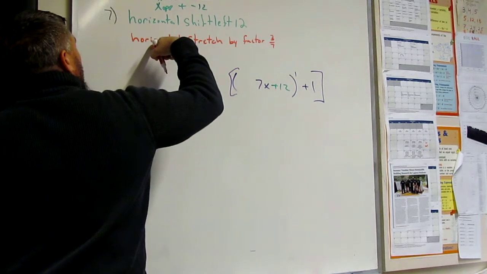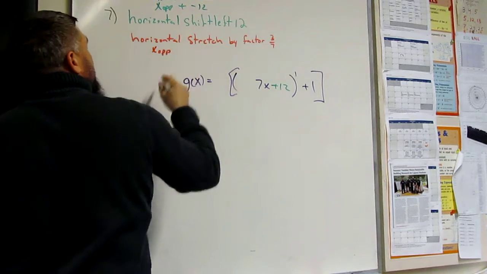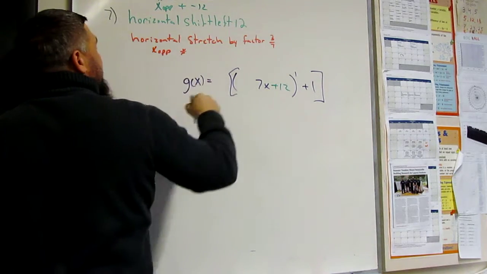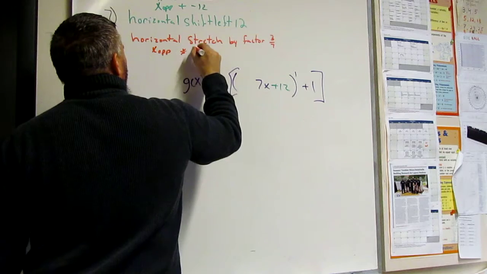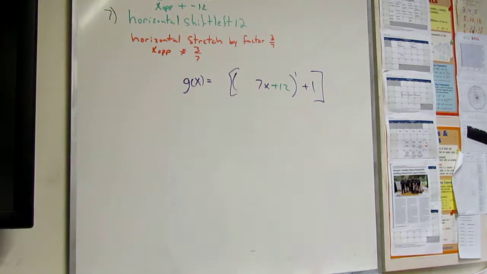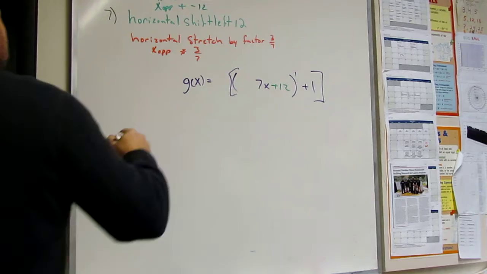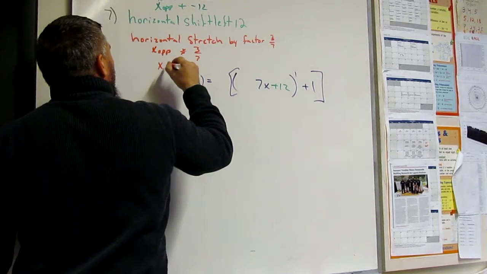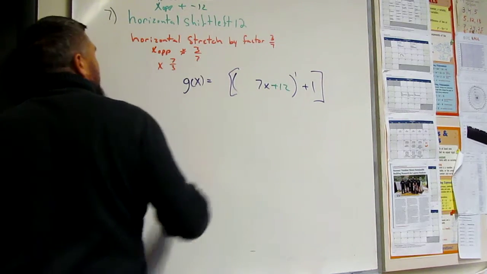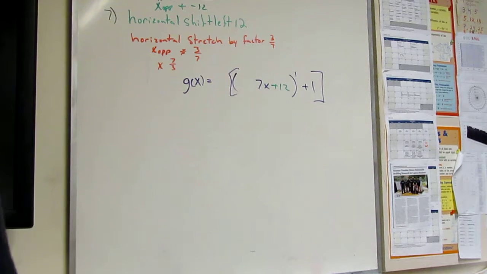Horizontal. X opposite. Stretch, multiplication by the factor of 3/7. What's opposite of multiplying by 3/7? 7/3. Yes. X times 7/3, right? We're multiplying by 7/3. Flip it.